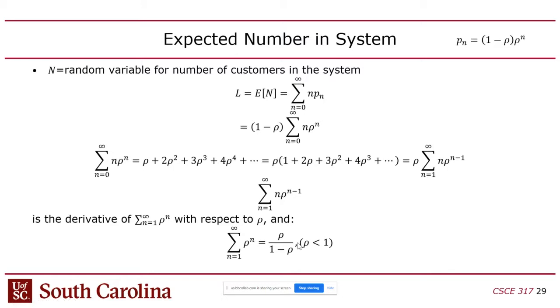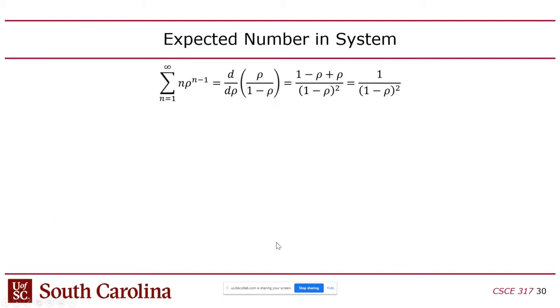Okay, so what do we have here? We have this thing, which we calculated from here. And we also know that this is the derivative of something else, which we haven't even looked at yet, but this something else happens to break down into this nice form. So we know this is the derivative of that special mathematical thing, rho over 1 minus rho, which is the other thing that we just came up with.